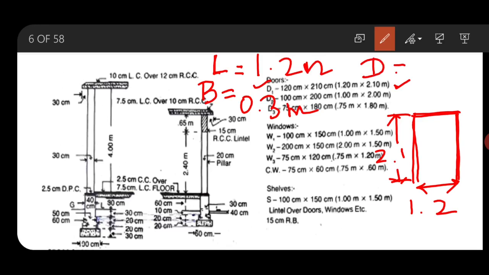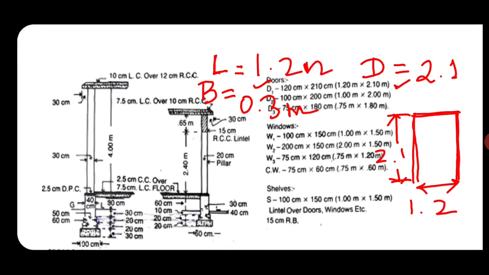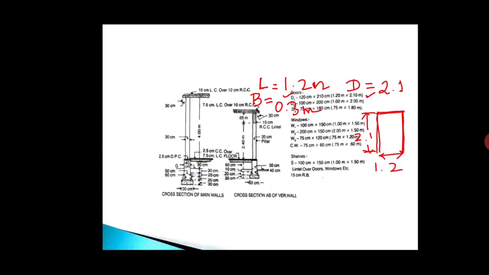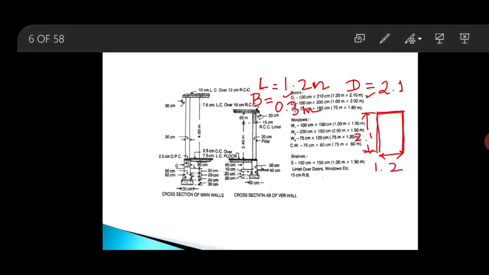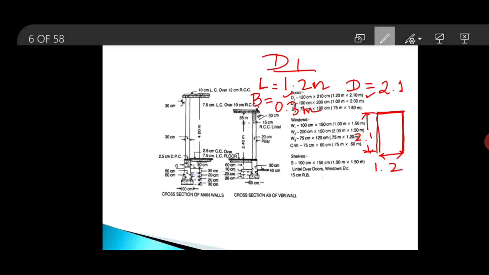Then what about the depth? The depth of this opening will be equal to the height of the door. Clear? This is for calculation of D1. Similarly, we can calculate the door openings D2 and D3.